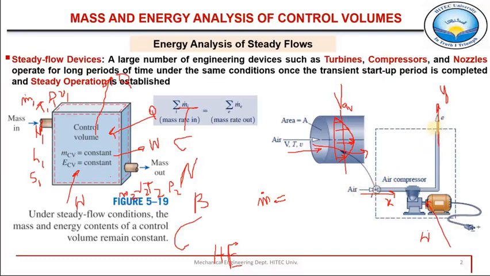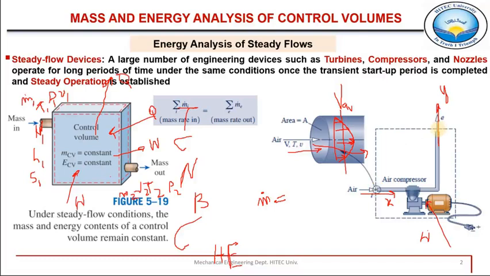Similarly, here the fluid mass flow rate is exactly normal to the control volume, and all the intensive properties like temperature, pressure, velocity or density are uniform with respect to position at the inlet. So their values are taken as the bulk average value at this entrance or at this exit.